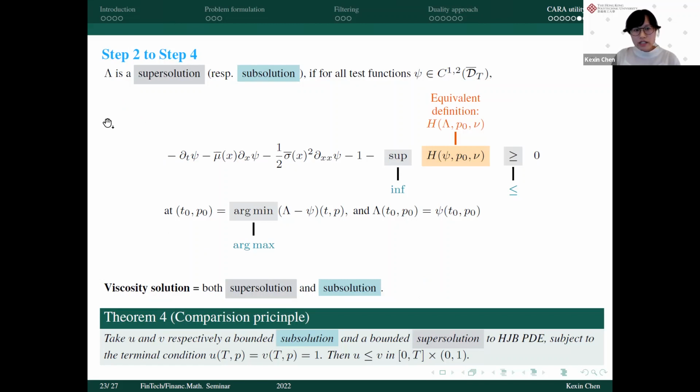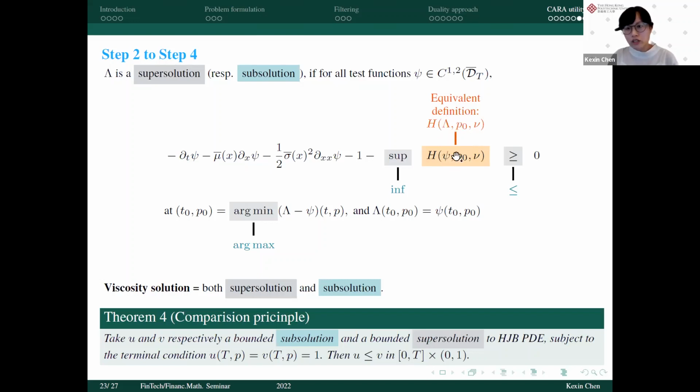This is the step 2 definition, and if we want to move further, we use another equivalent definition. In the classical one, there is the integrand part, or the non-local part, defined on the test functions, but an equivalent definition is that this can be replaced by the value function itself.